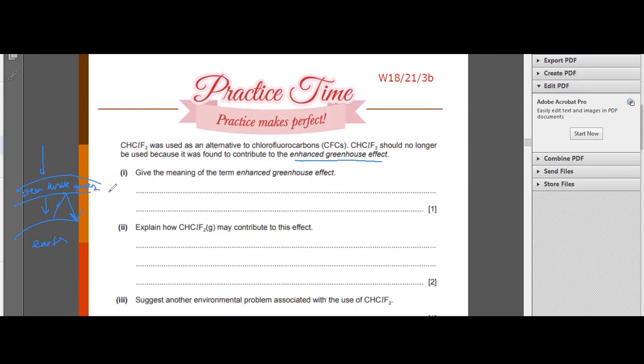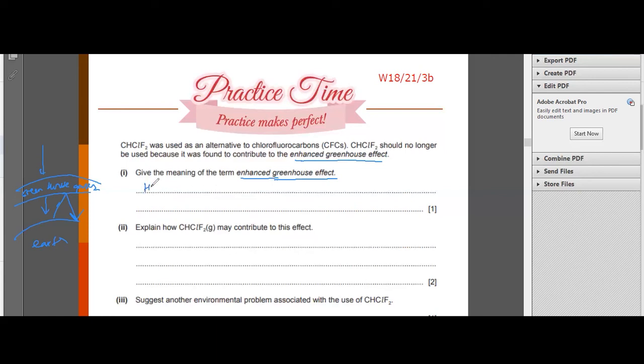Okay, give the meaning of the term enhanced greenhouse effect. This is because human activity creates additional greenhouse gases, which makes the layer of greenhouse gases thicker and has an impact on climate change. So how to write this? Give the meaning of the term enhanced greenhouse effect.